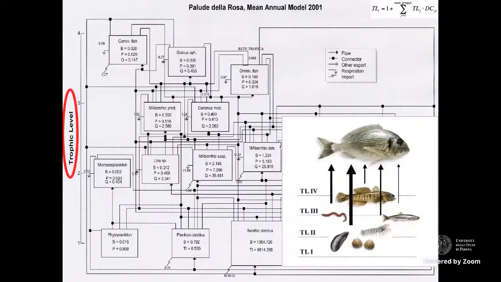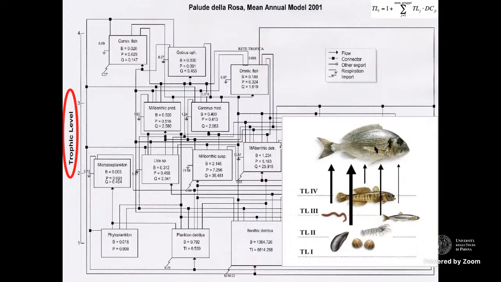For example, we start with trophic level 1 with small organisms, then trophic level 1 are predated by trophic level 2. Here you have, for example, slightly larger organisms, for example, worms, or small fishes, mackerels, or anchovies, and then larger fishes and so on, going up to sprat fishes.